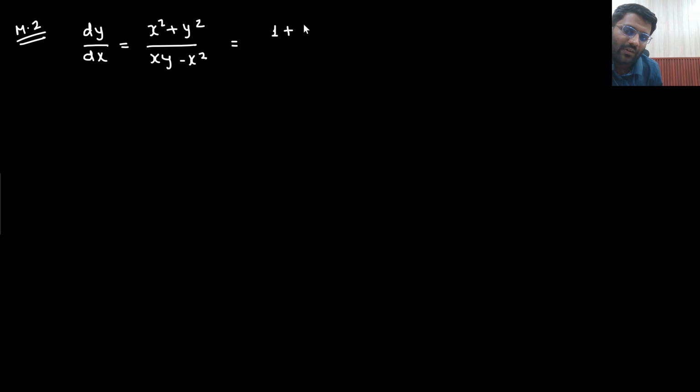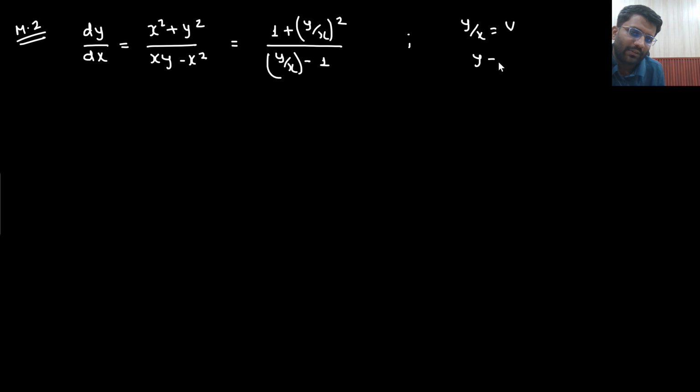If I divide with x square in the numerator and denominator, what will I be getting? This will be 1 plus (y by x) whole square, divided by (y by x) minus 1. Now what will I do? Let y by x equal v. So y equals vx, and dy by dx is: first one as it is, differentiation of second, plus second one as it is, differentiation of first.